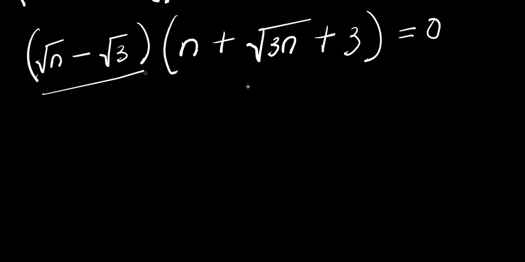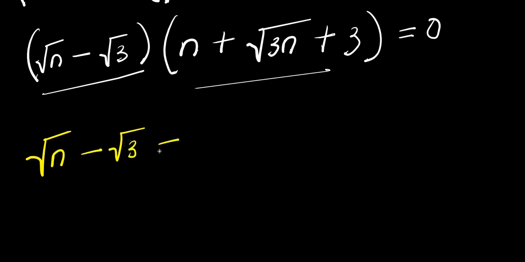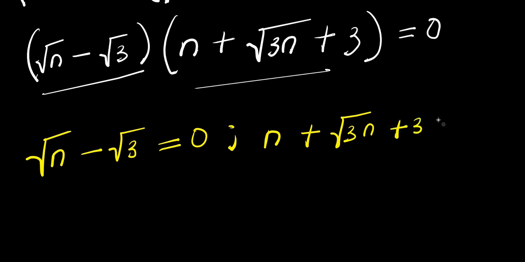I can equate this and this to 0. I have square root of n minus square root of 3 equals 0. I also have n plus square root of 3n plus 3 equals 0. Let's solve these individual equations.